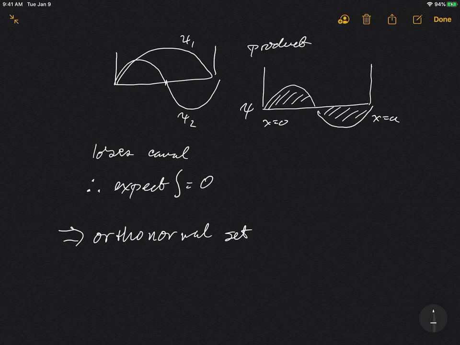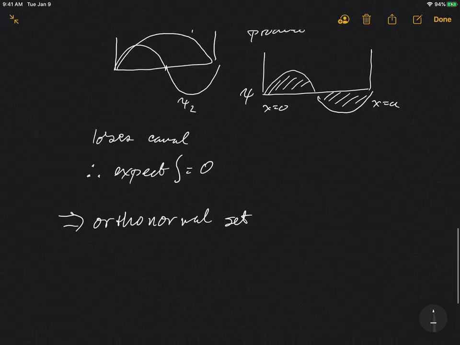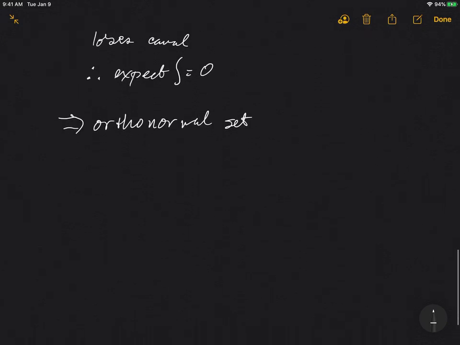Okay, so now that we have a normalized wave function, and that's important, we can calculate expectation values. Expectation values are going to tell us where our particle is on average, how spread out it is in position, and similarly, what the average momentum is and how spread out momentum is for this particle.